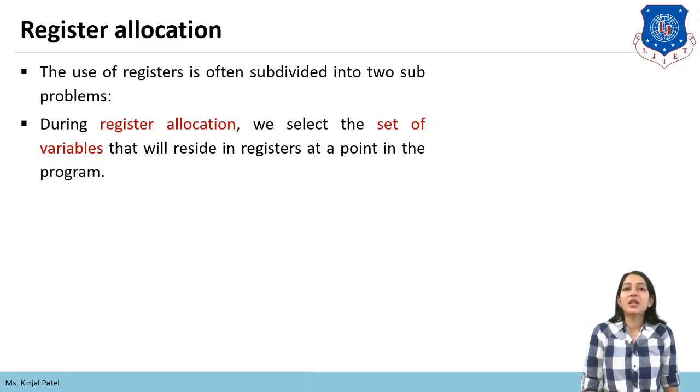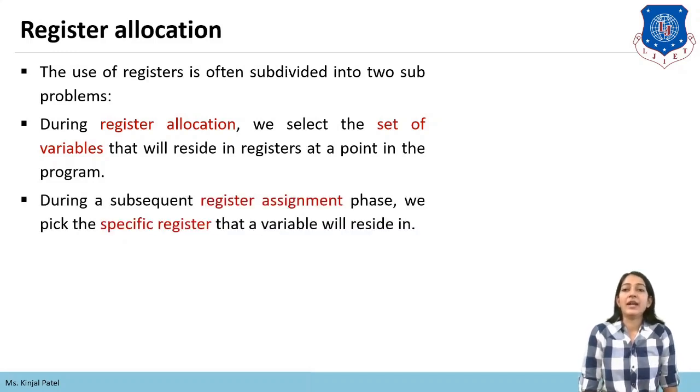During register allocation, we select the set of variables that will reside in registers at a point in the program. Selecting the set of variables that will reside in registers is known as register allocation. And during the register assignment phase, we pick the specific register that a variable will reside in.